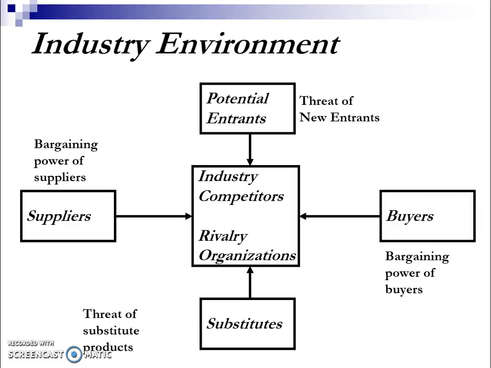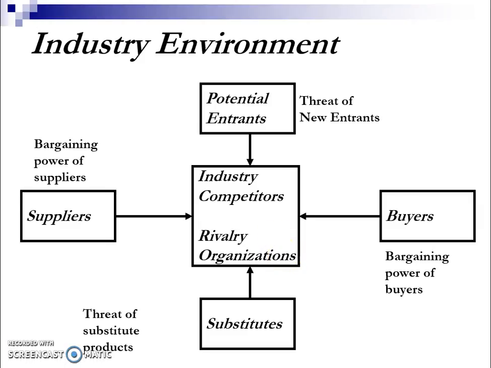Now in these 5 components, since we are defining them as forces, we are looking at forces that come with a threat. So there is a threat from new or potential entrants, there is a threat of substitute products, then there is a threat from the bargaining power of buyers, and an immediate or direct threat from the rivalry organizations.